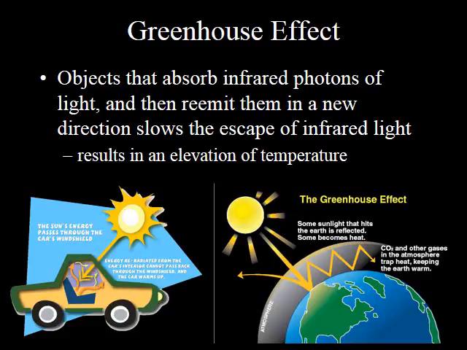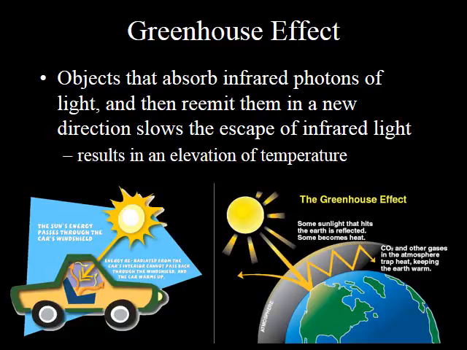So just like what happens in summer to your car happens with the Earth's atmosphere. With your car, the light shines through the windows, so visible light from the sun will go straight through the windows, no problem. That's why we use glass for windows, because visible light travels through it very easily.